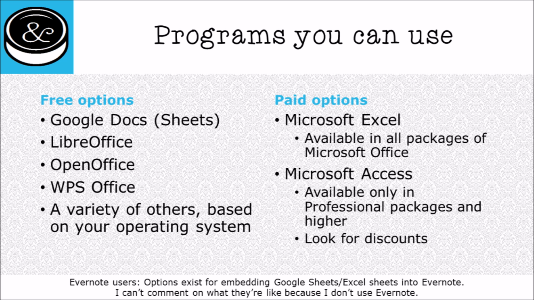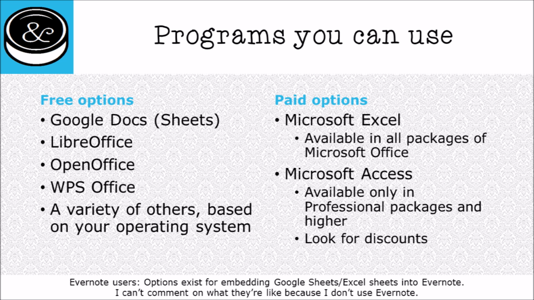In order to get access to Microsoft Excel, it's available in all packages of Microsoft Office, including the Student Edition. You can also use Microsoft Access, which is what I use, but it is only available in professional packages and higher. You can get discounts based on where you work if your employer provides a discount, which is how I got access to mine.